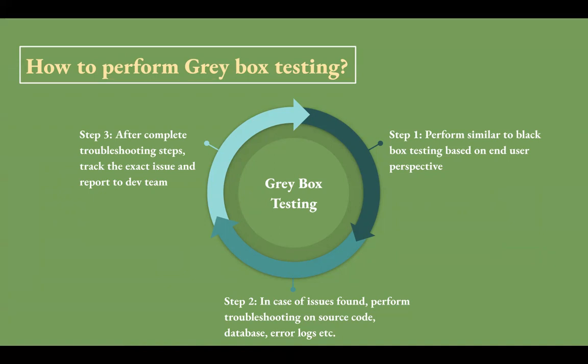But in case you found that the scenario is not handled by the developer and you need to reconfirm before raising the bug, then for troubleshooting purposes, you have to check the source code. The test cases could be related to UI, database, or any operation performed. So this is one basic example.